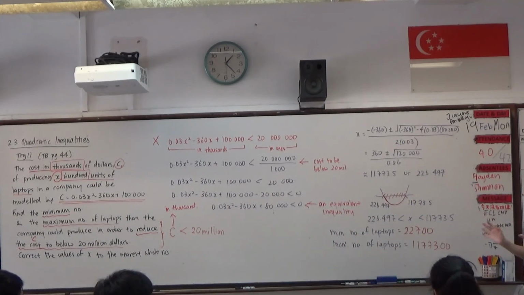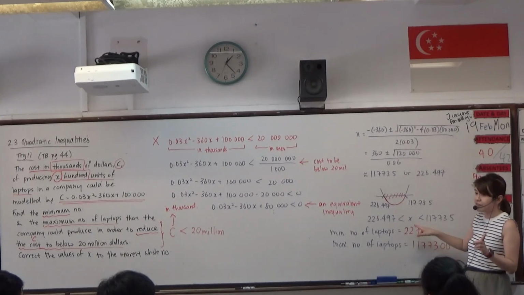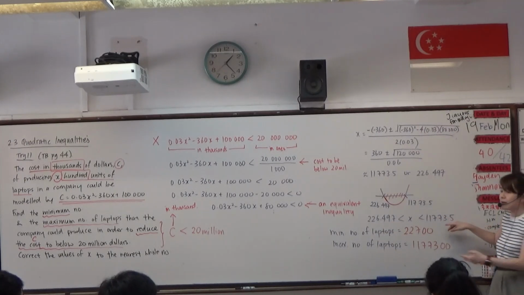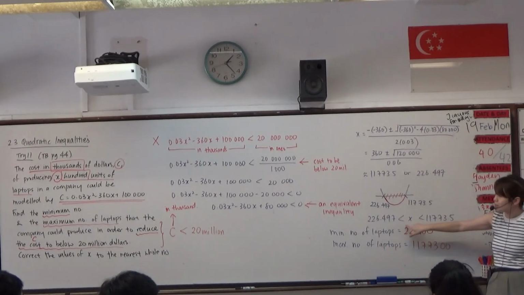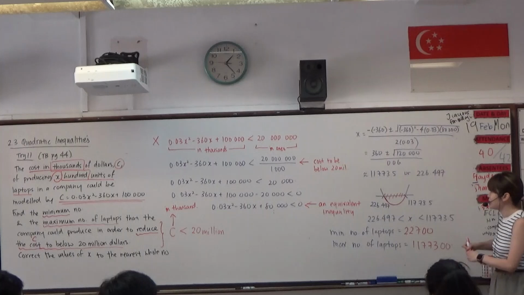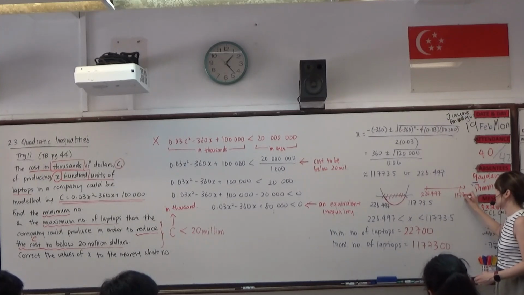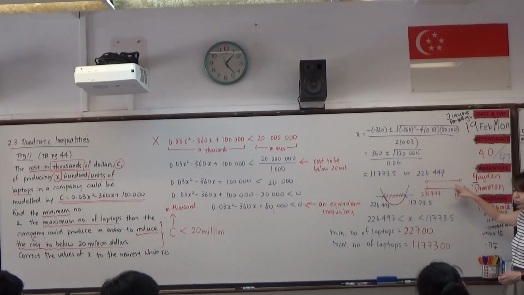It is not about rounding. So just now, that was the point I was trying to clarify. It is not about taking these two numbers and rounding them off. It is about understanding it as an inequality. My number of laptops must fall between these two values. So if you look at your number line, we have 226.497 and 11773.5. Our number of laptops must be within here.